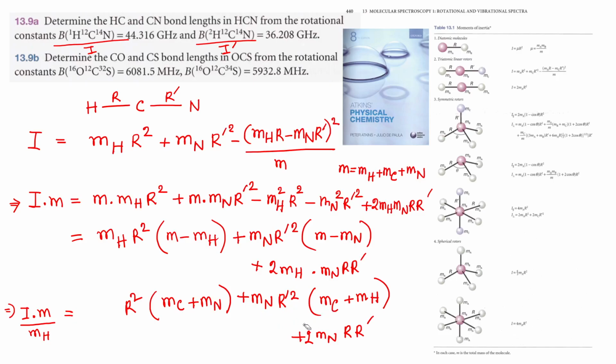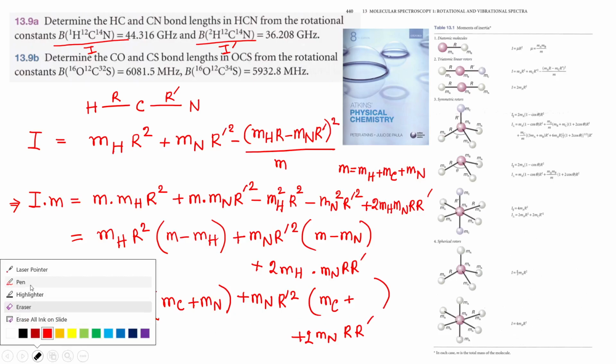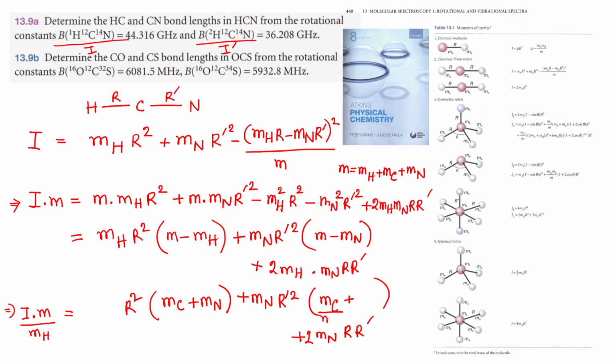So actually, what I'm getting is M_C by M_H plus 1. Are we still on the same page? I know this would be a little arbitrary at this point of time, what we are actually trying to do, but mathematically, are we on the same page? Yes, yes, yes. Okay.